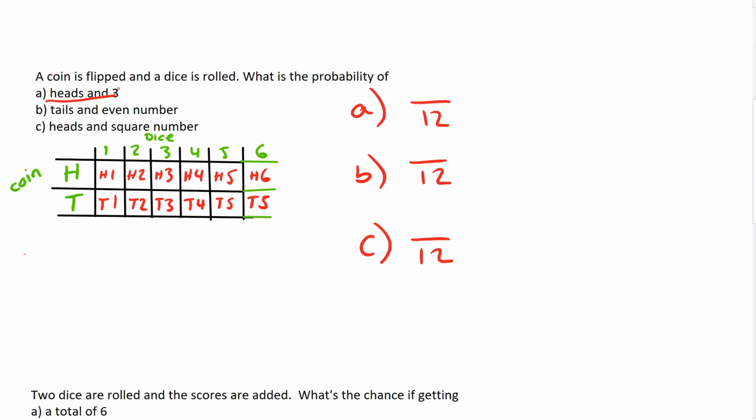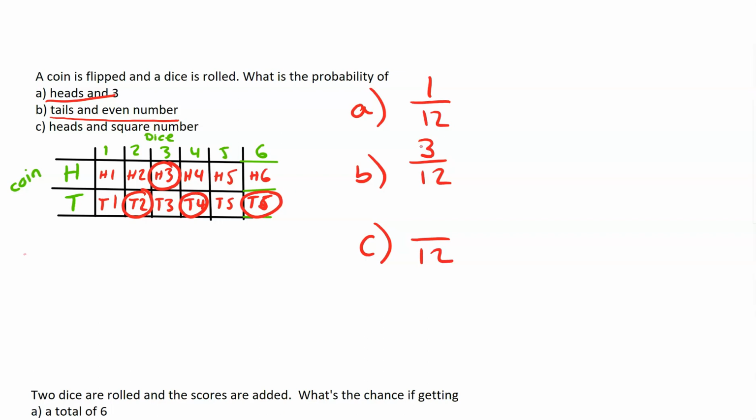So how many of those boxes have H3 in them? Well, just that one. So that's 1 box out of 12 boxes. If we look at the next one, tails and an even number. So that's tails and 2, tails and 4, tails and 6. So that's 3 boxes out of 12.